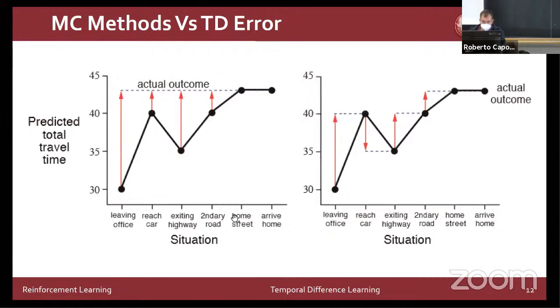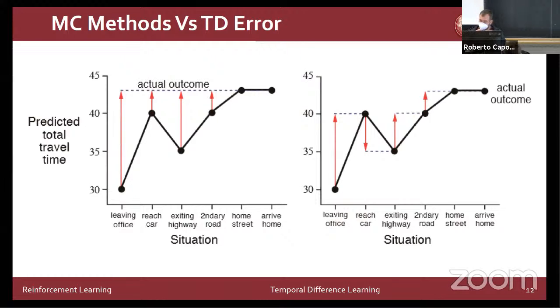These are our states, and we want to predict the total travel time by using a value function estimation. So our value function is the total travel time. We get information every time: we use the travel time for every single step as the reward, and then we compute the expected travel time.